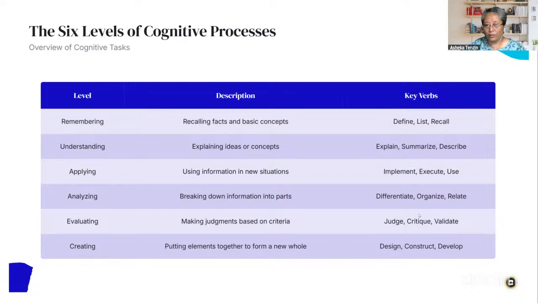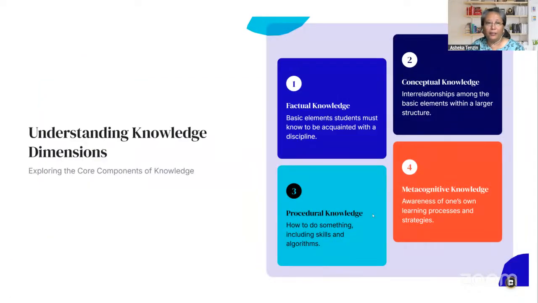So this is what it means, describing the different levels. And these are the different verbs that you can use while writing your learning outcomes, creating your activities, or writing your assessments. Now, this is about the 4 knowledge dimensions.